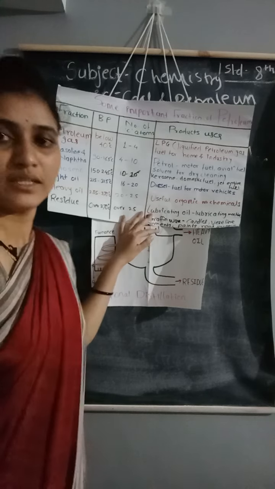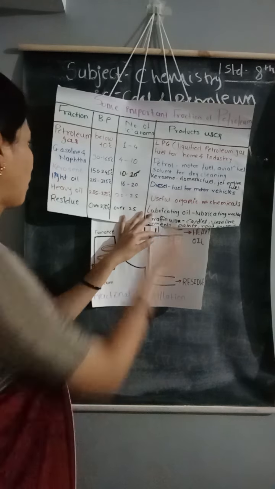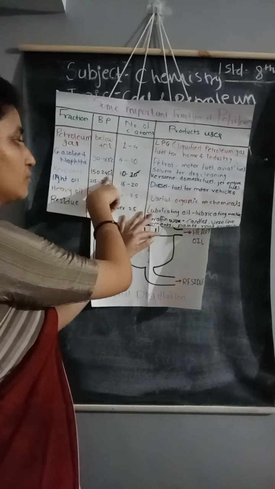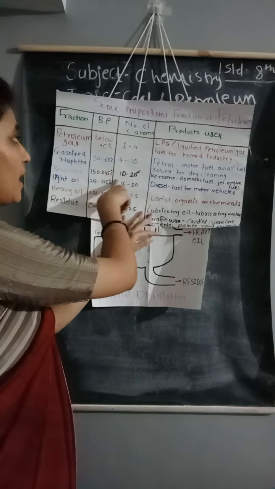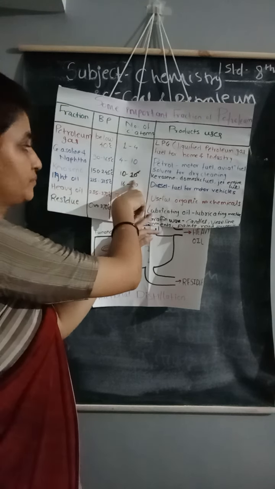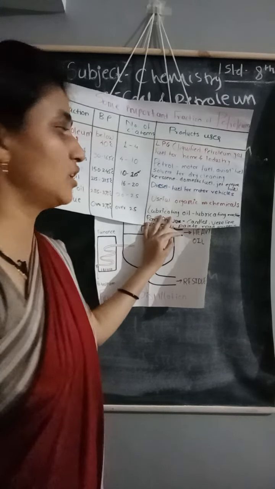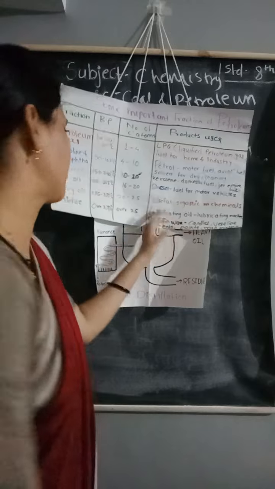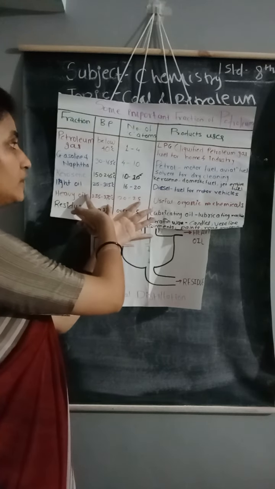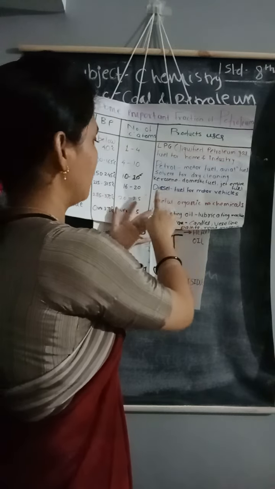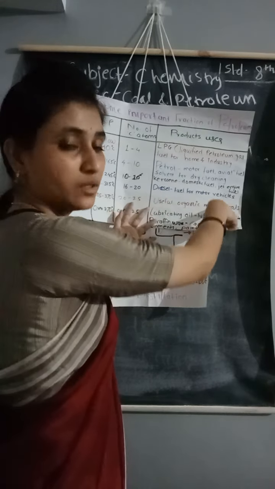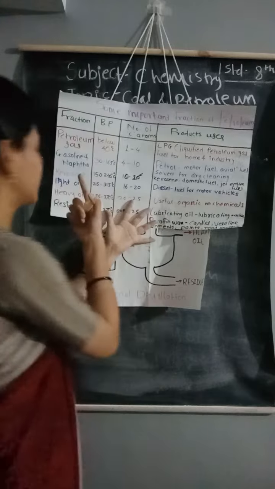Third is kerosene, with a boiling point of 150 to 245 degrees Celsius and carbon number 10 to 16. Kerosene is used in domestic fuel and jet engine fuel. Then light oil, which is diesel fuel for motor vehicles.